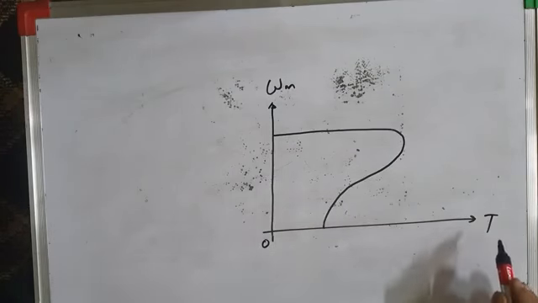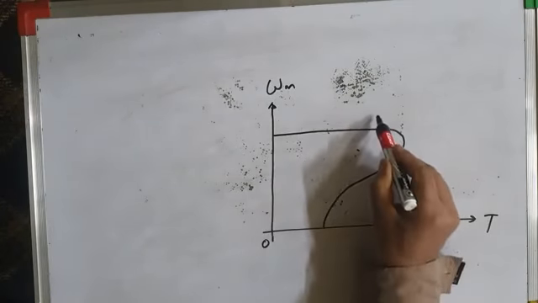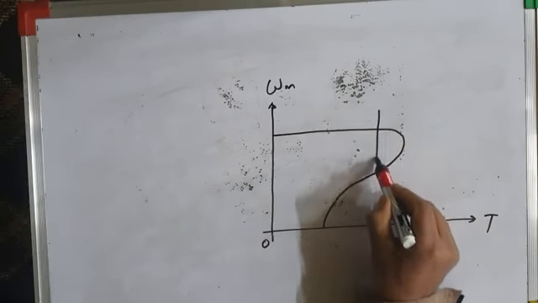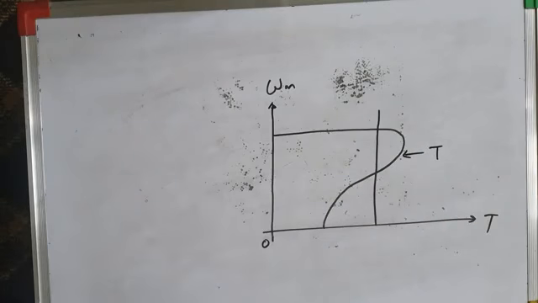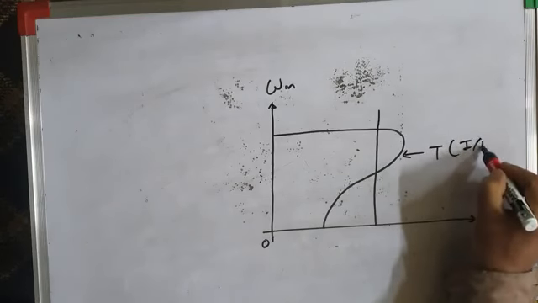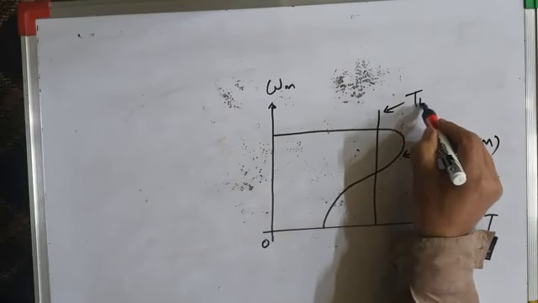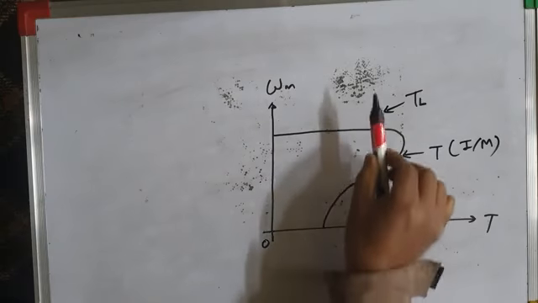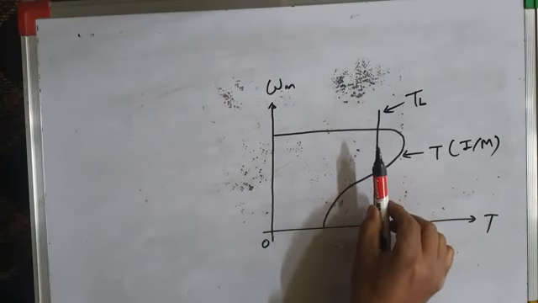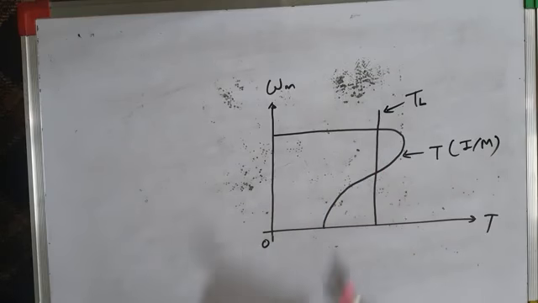This is the induction motor torque speed characteristic, T for induction motor, and this is the load torque speed characteristic, TL. Let us suppose we have a constant torque load, a load in which torque remains constant.